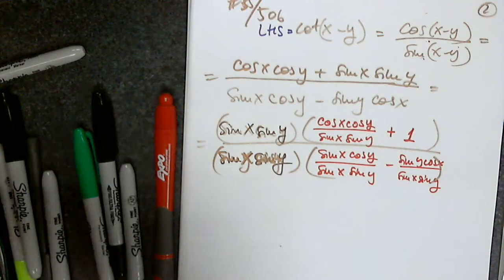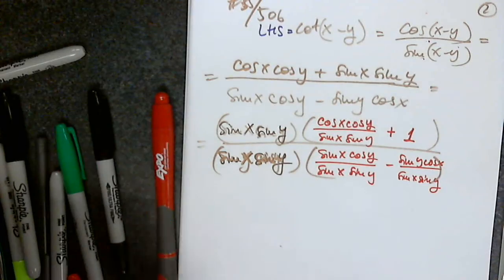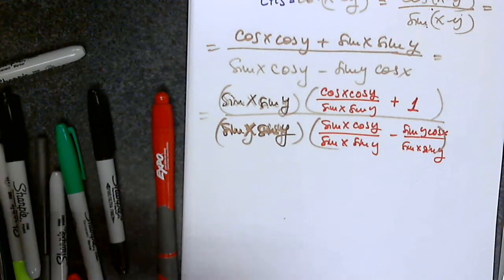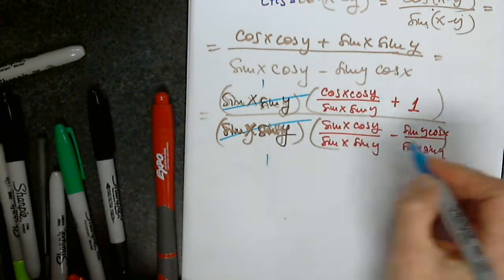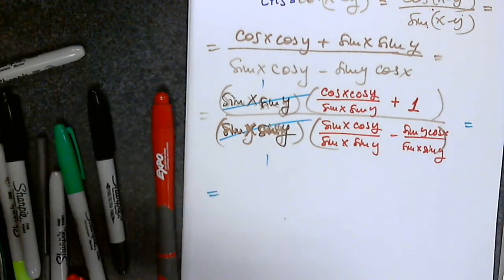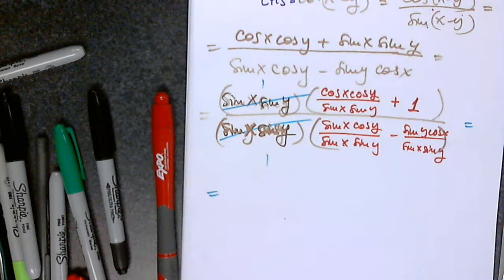Perfect. Good. So what do you think I'm going to do with the top, with those two pieces in front? Good. So now let's look at the top. Yes, you can peek to the right-hand side of the identity. So what is cosine x, cosine y over sine x, sine y? And you can look where we are heading to.